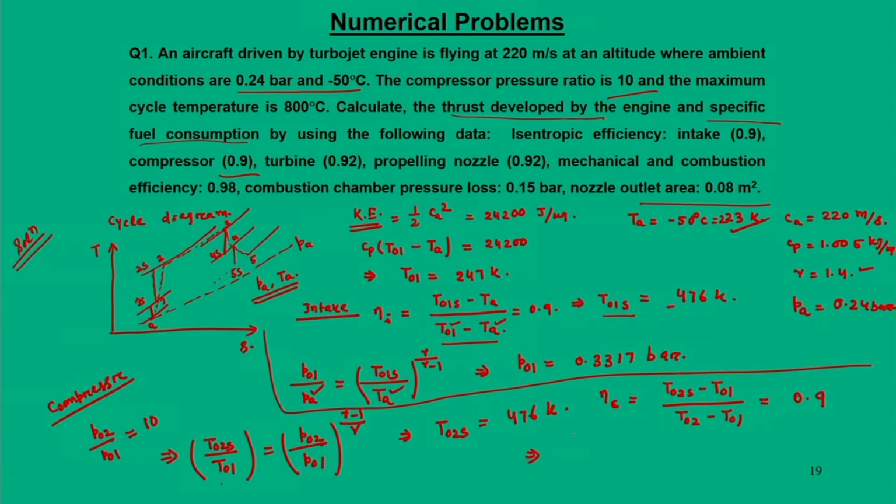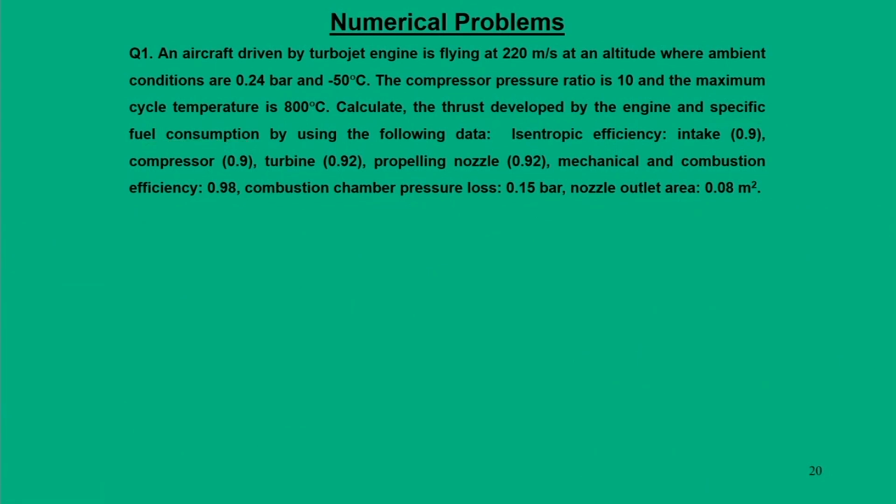So this will imply that T naught 2 minus T naught 1 is equal to 256, and from this we say T naught 2 would be 503 Kelvin because T naught 1 is known. So we have this compressor. Then we will move to the turbine.